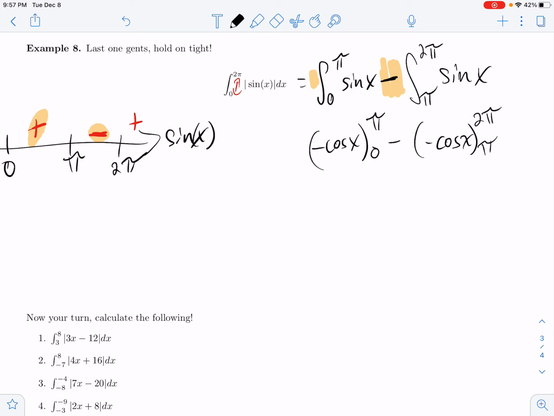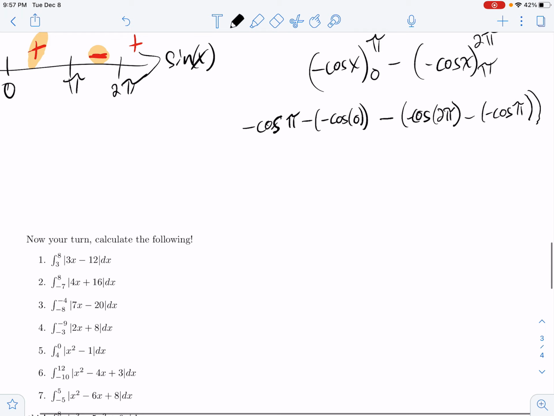So what do you do? So this is negative cosine pi minus negative cosine of 0 minus negative cosine of 2 pi minus negative cosine of pi.